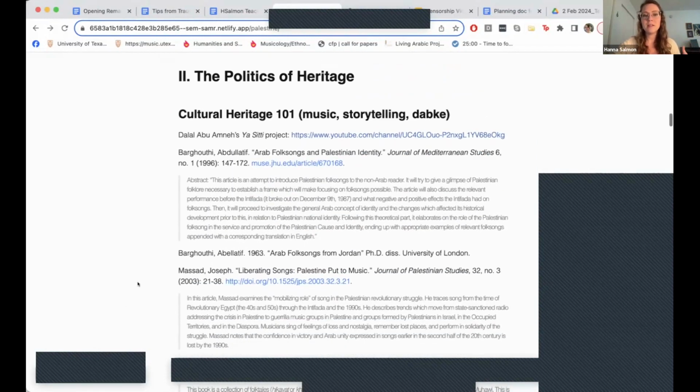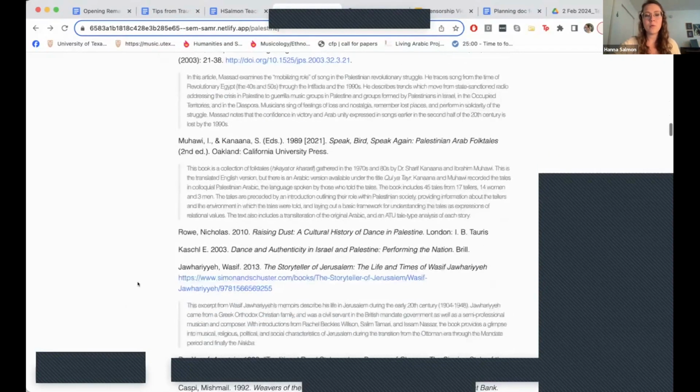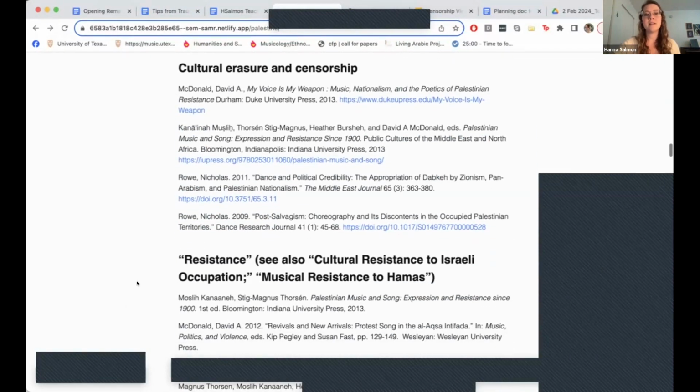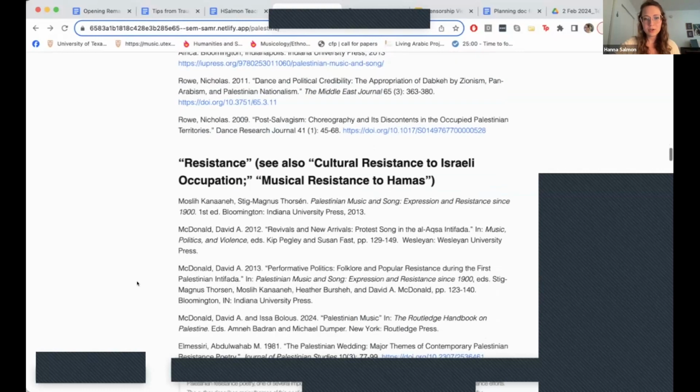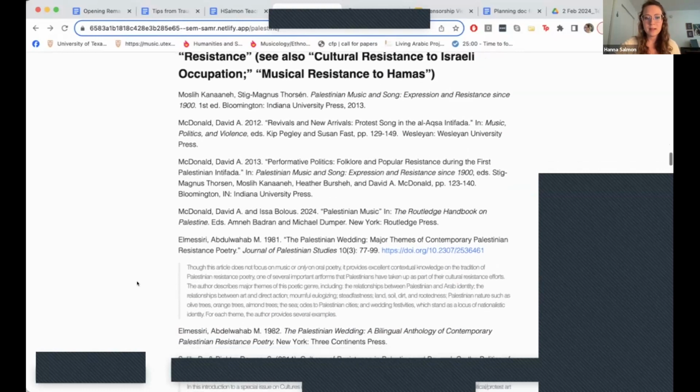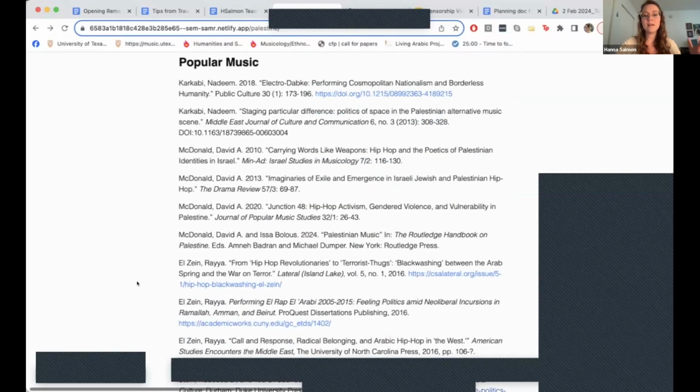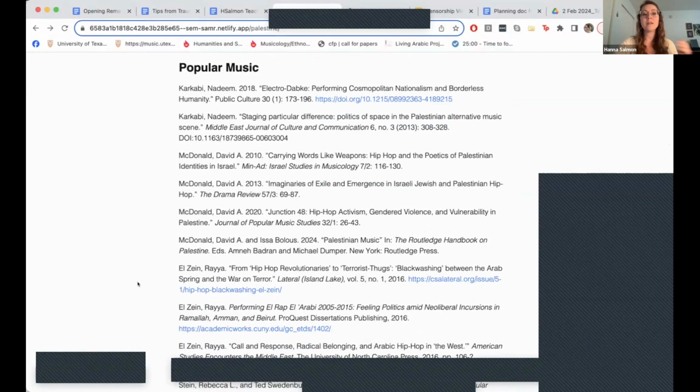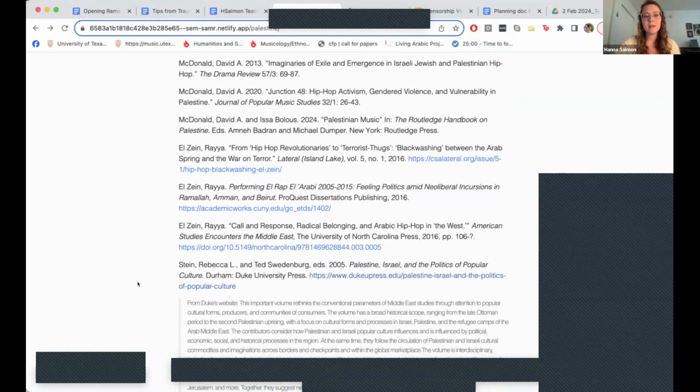In the question of heritage, there's a Cultural Heritage 101, as well as discussing issues such as cultural erasure and censorship and cultural resistance. We also, within this cultural heritage category, address folkloric repertoires as well as popular music repertoires and art and traditional repertoires.